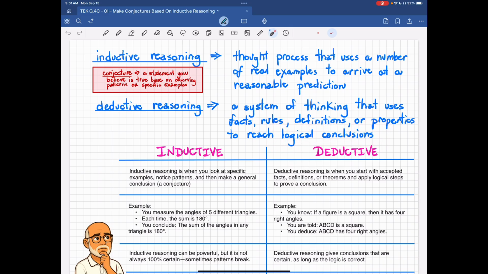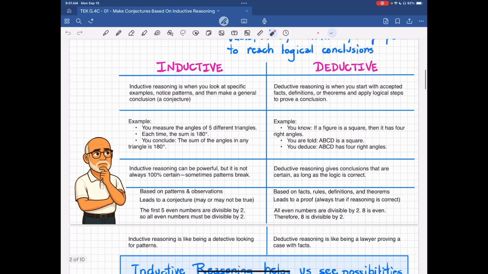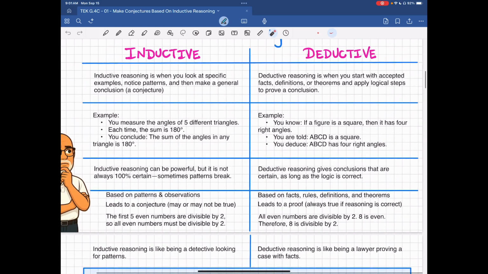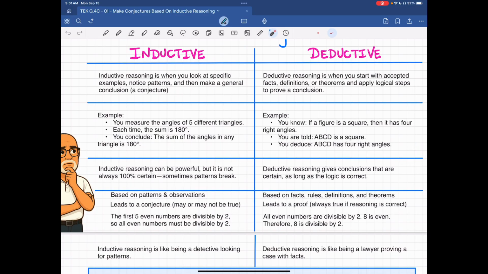Okay? I thought it might be helpful if I typed up the compare and contrast section of what inductive and deductive reasoning is. So if we look right here, you can see on the left side we have inductive reasoning, on the right side we have deductive.